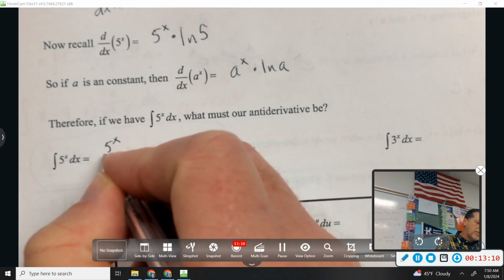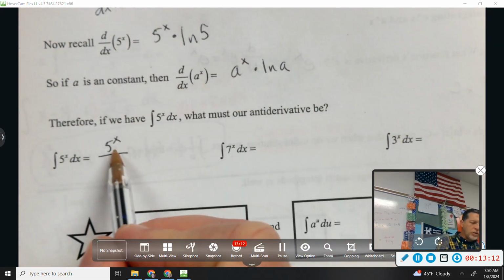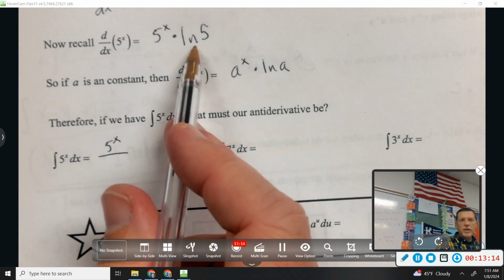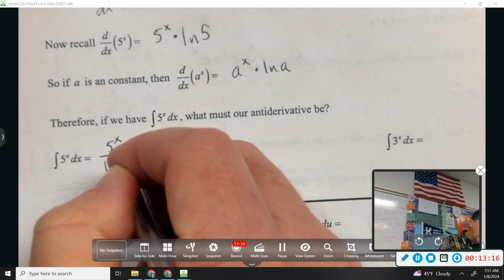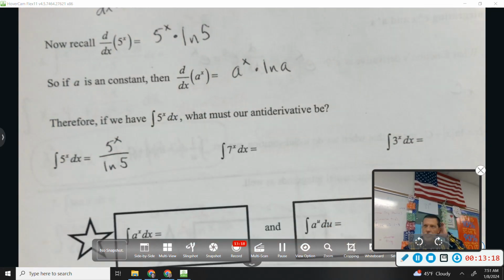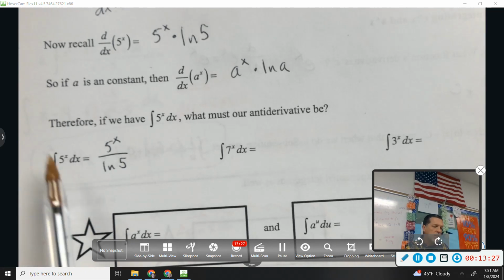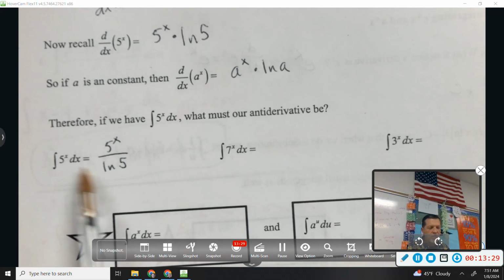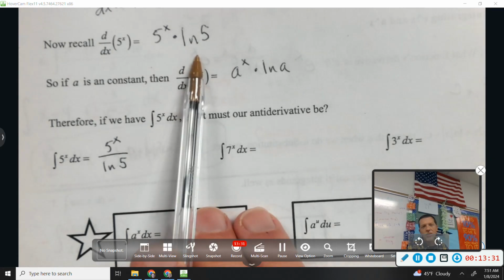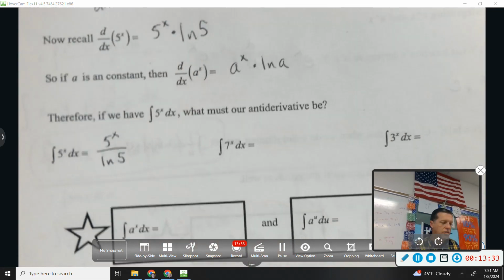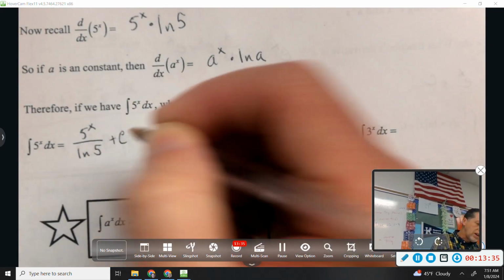Still going to be 5 to the x, but to undo the multiplication, we will divide. Division is the inverse of multiplication, and the opposite of derivative is antiderivative, so instead of multiplying by natural log of 5, we'll divide by natural log of 5 plus c.